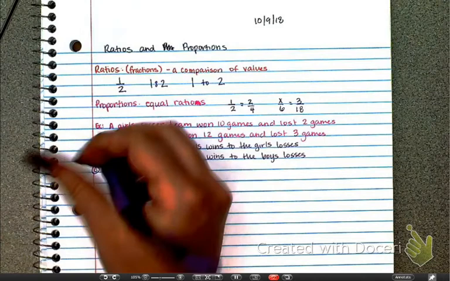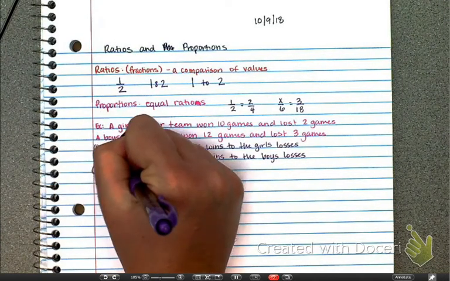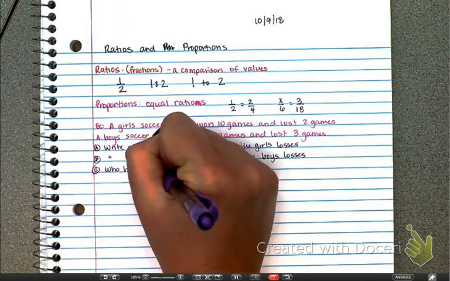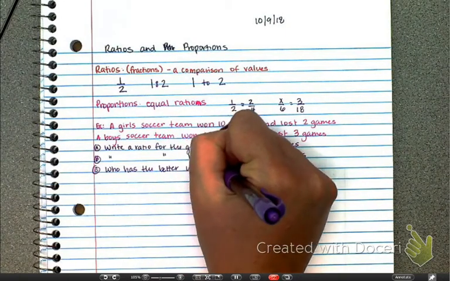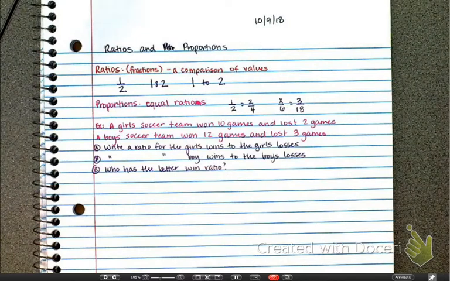And part C, we want to know who has the better ratio. The better win ratio, excuse me. So basically, who has the better record, right? That's what it's asking for.